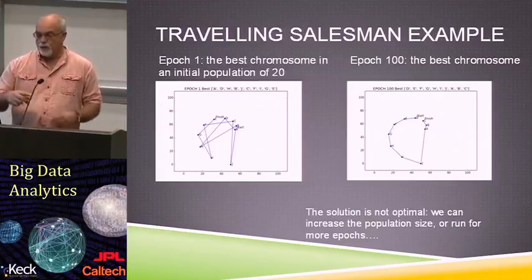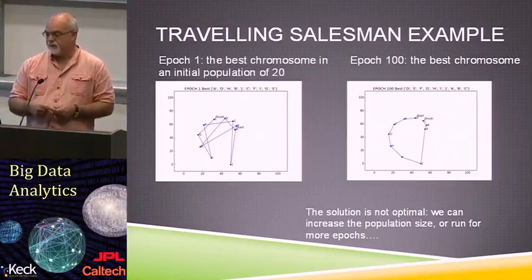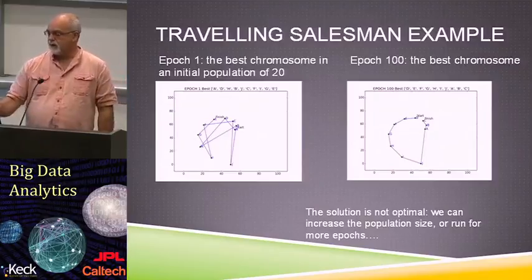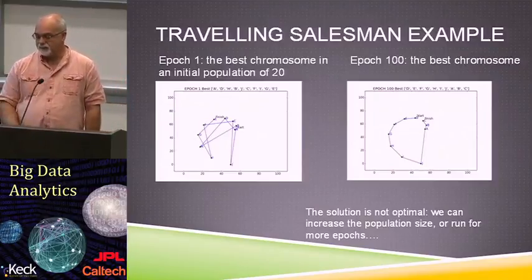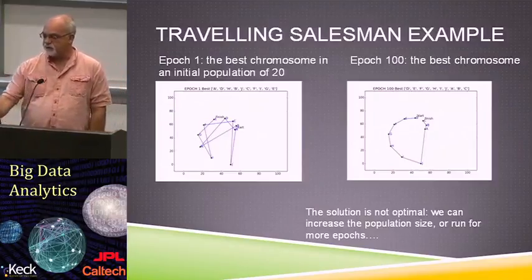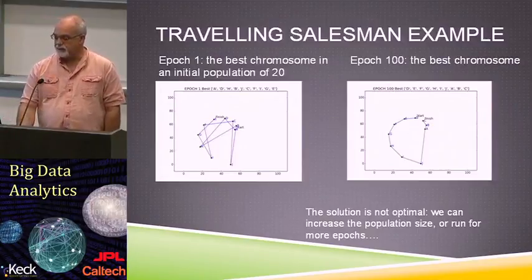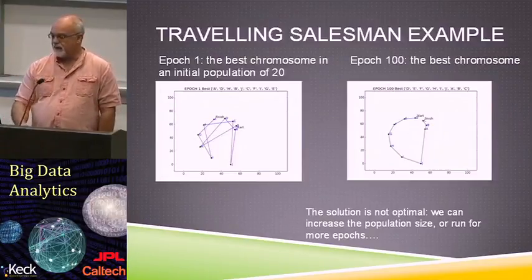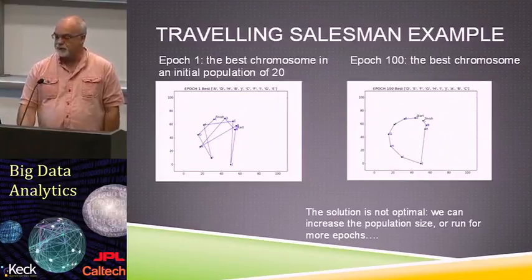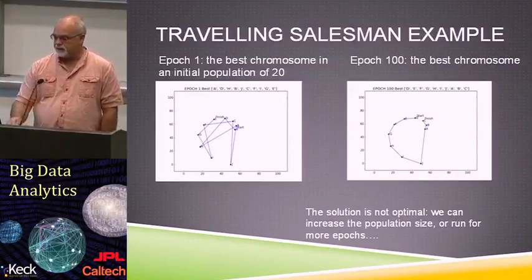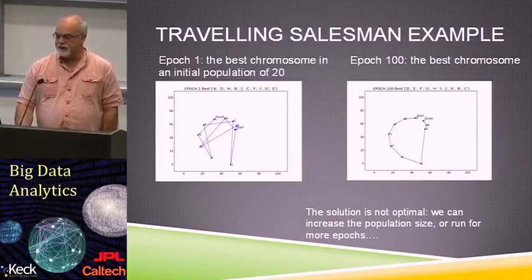Now, if we run our genetic algorithm over many epochs, then at epoch 100 for this particular set of chromosomes, you can see there's some considerable improvement in that the path is obviously approaching a minimum, but there's still a problem, because it's making a step between A and J, which it shouldn't make.